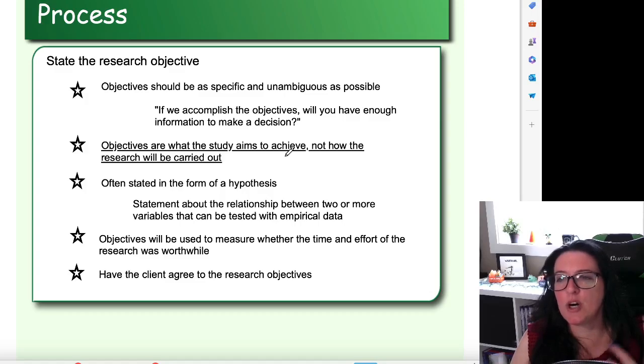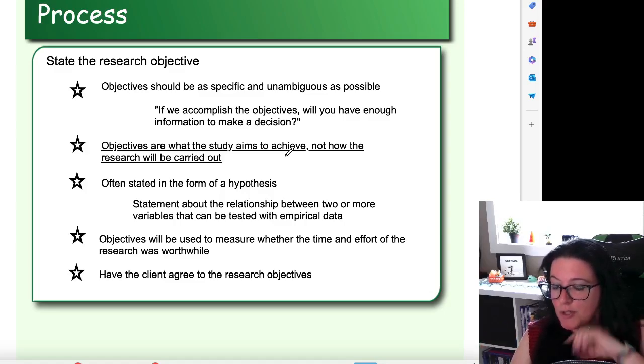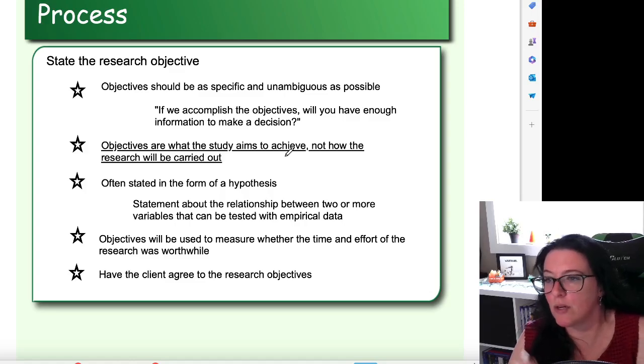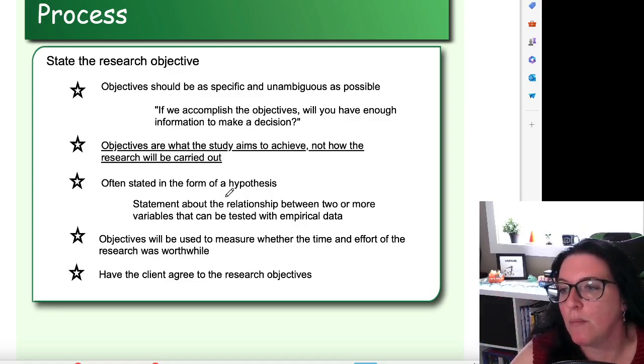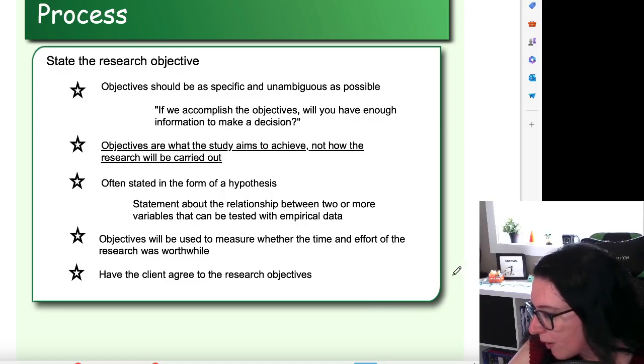It's going to be used to determine whether the time and effort we put into the research is worthwhile. If you are doing this for a client, you want to make sure the client signs off on that research objective because that is how you're defining success of the research project, which is why you want to make sure it's going to create something usable for the organization that you're doing the research for.